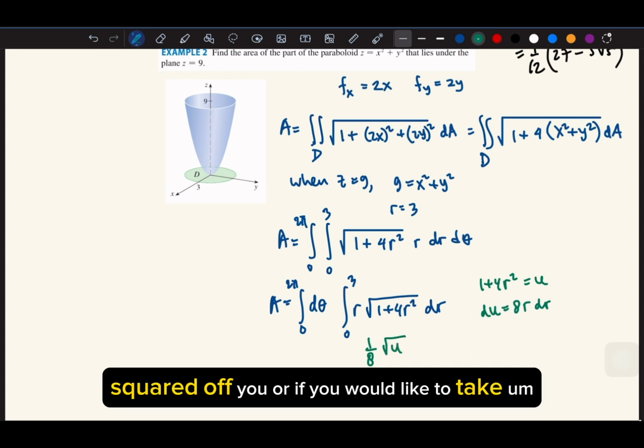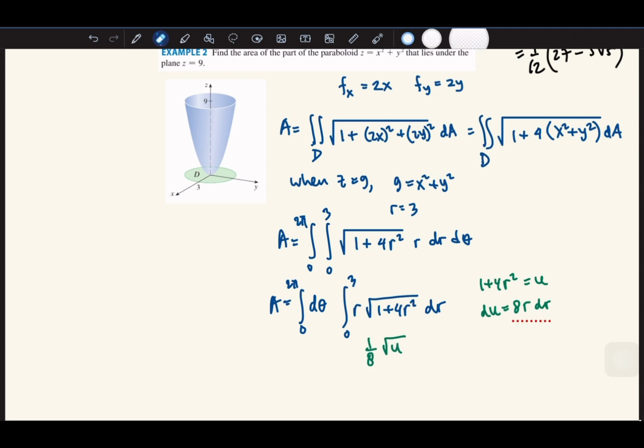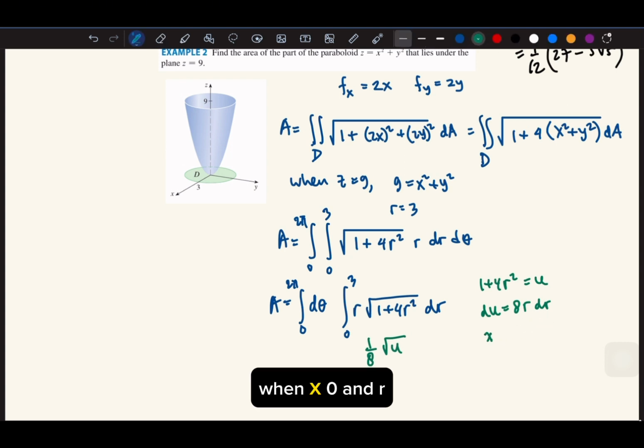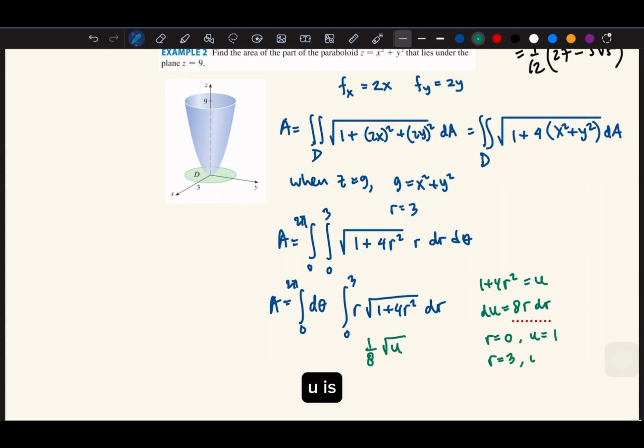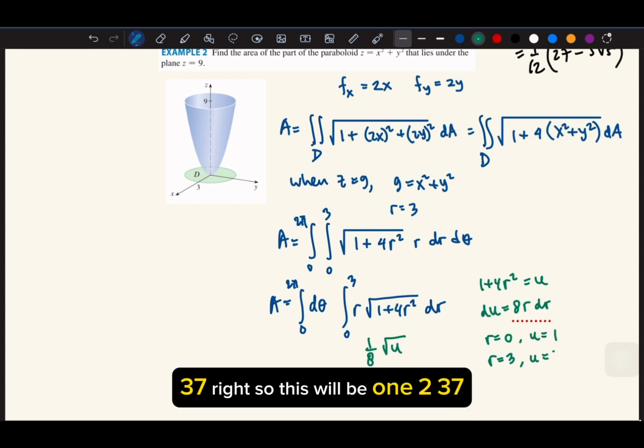If we would like to take the new limits: when r is 0, u is 1. When r is 3, u is 37, right?